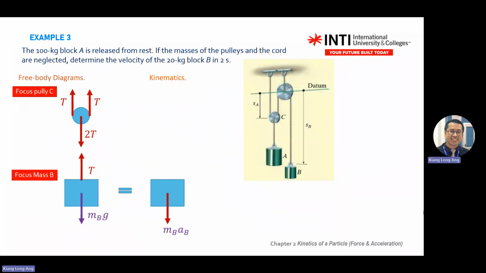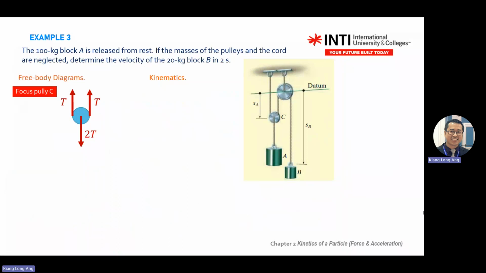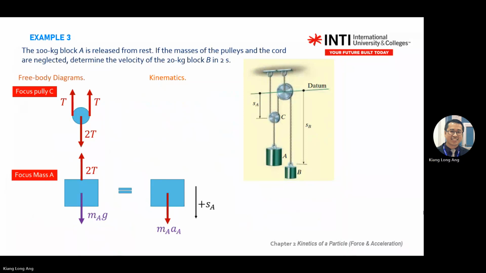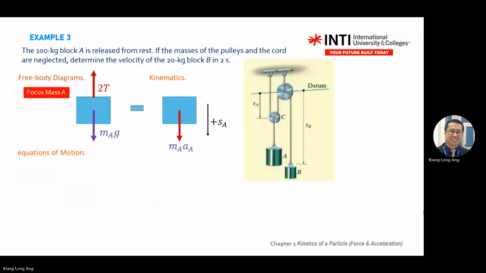You do that kind of analysis first. So I put my marking here as B goes down. So you see, the previous one, A and B, what is the difference? A goes down, I mark SA going down, SB also I mark going down. Once you have two bodies, you have the F equal to MA diagrams, you put them side by side and you try to solve the equation.